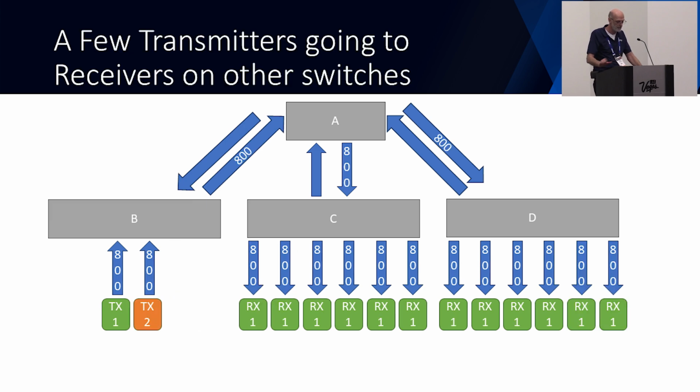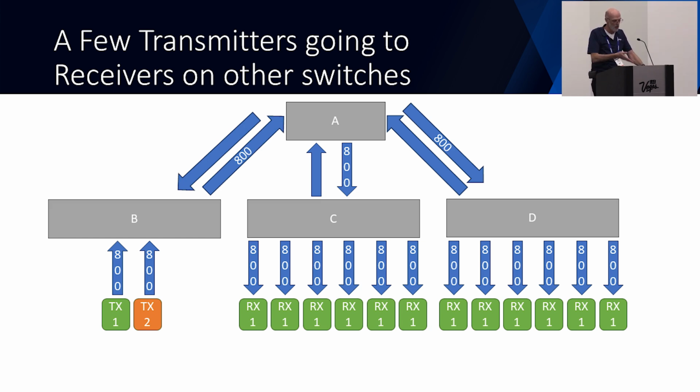Okay, my traffic is local in my design, so there's not a lot of requirement for my interconnect to deal with that. Now I have a transmitter on my switch B, and my receivers are on switches C and D. My workflow is that I have this transmitter, and it's going to all these receivers, like this concourse, this digital signage, all these monitors, for example.